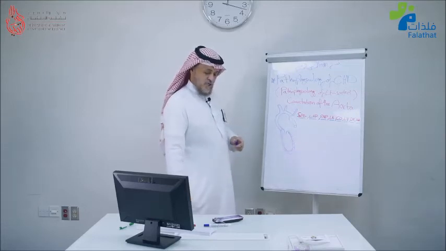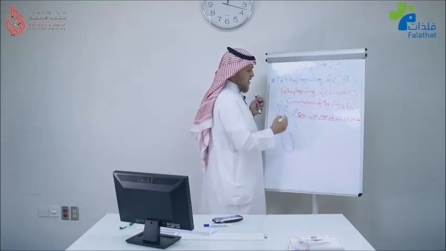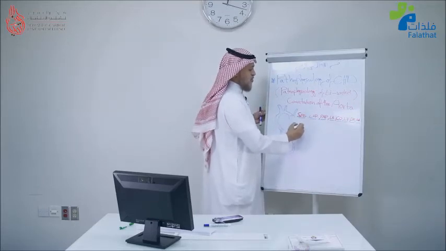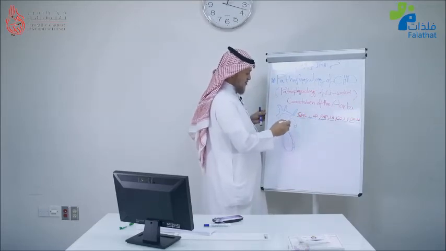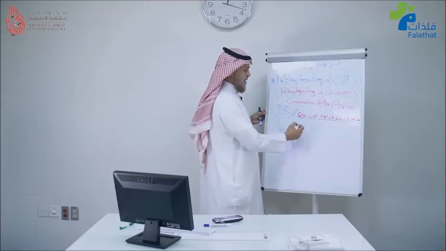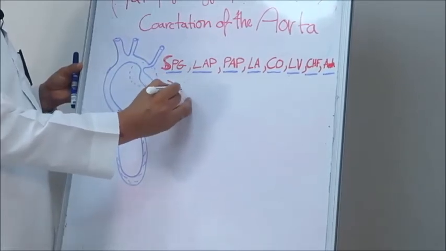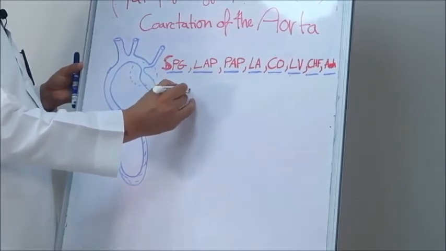So for a coarctation of the aorta to be called significant, we are talking about a systolic peak pressure gradient difference between the ascending aorta or the LV and the descending aorta of more than or equal to 20 millimeters of mercury.